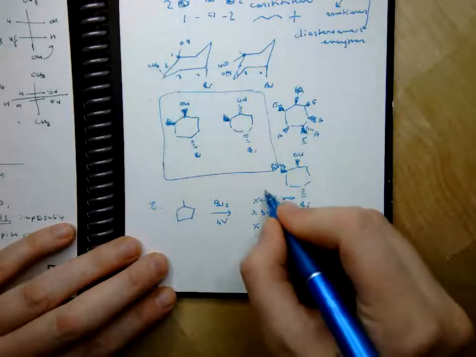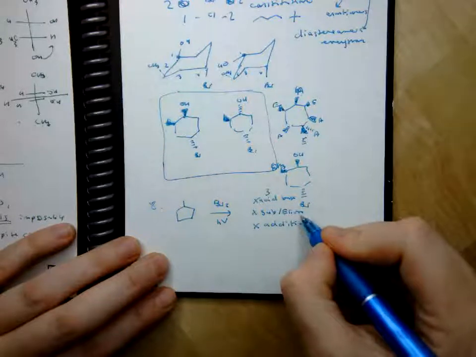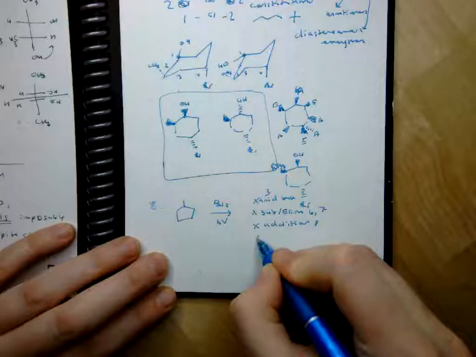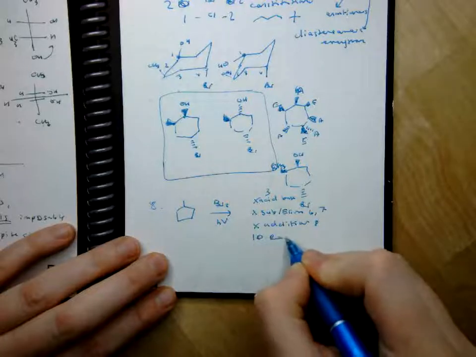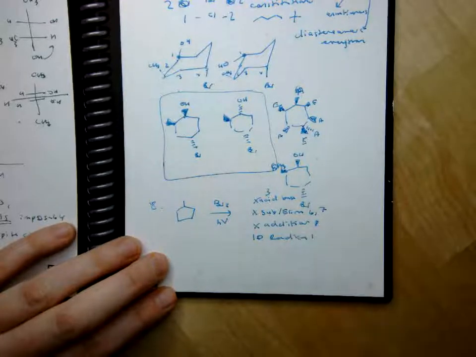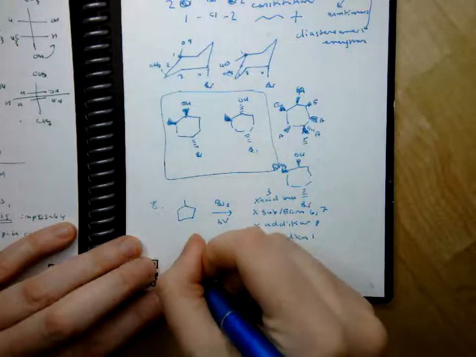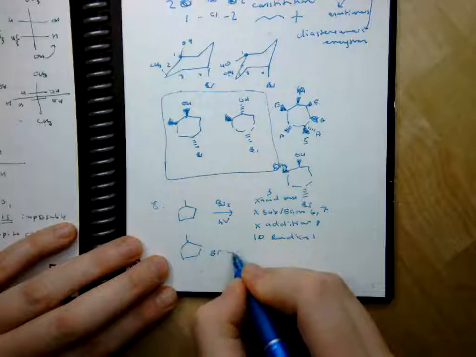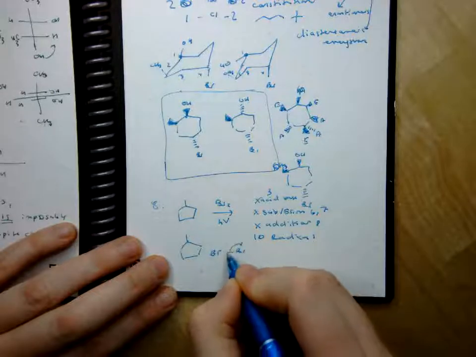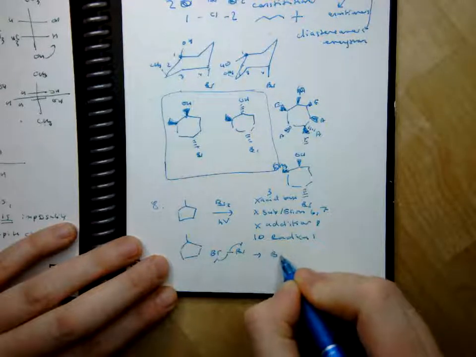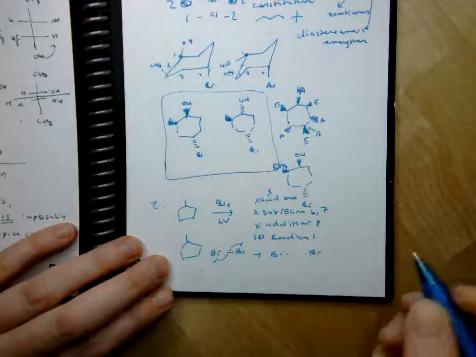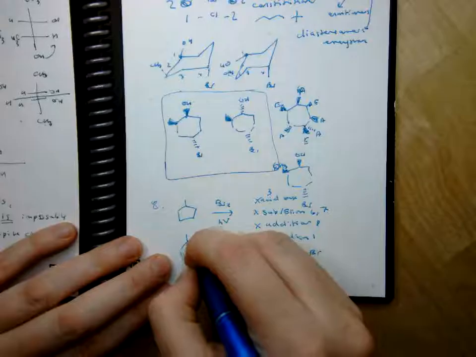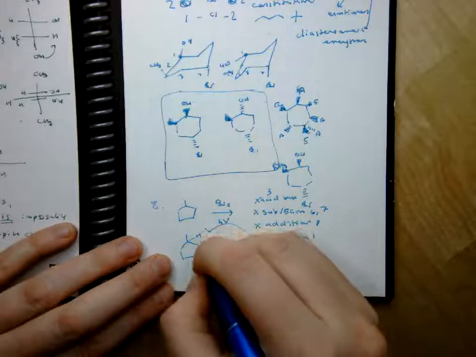So chapters 3, 4 and 5 were about stereochemistry. This is 6 and 7, chapter 8. So the only thing left is chapter 10, which is radical reactions. So this is probably a radical reaction. My first thought is that there will be an initiation step, and then a propagation step where one of these radicals will come and abstract a hydrogen.